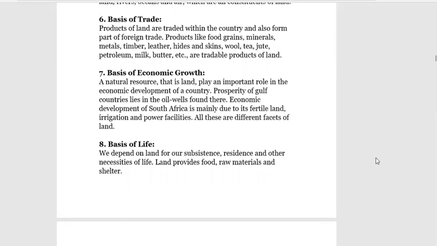We cannot construct a factory. We cannot do agriculture. So unless there is production, how can we give employment? And unless we give employment, how will economic growth happen? Clear?